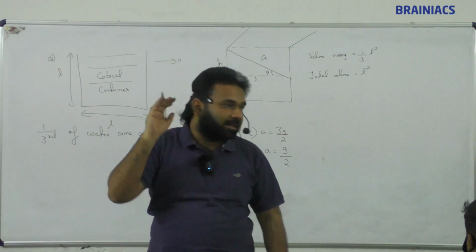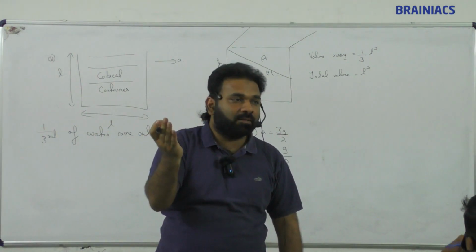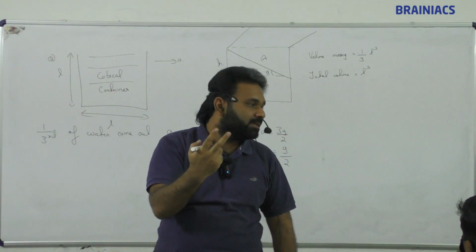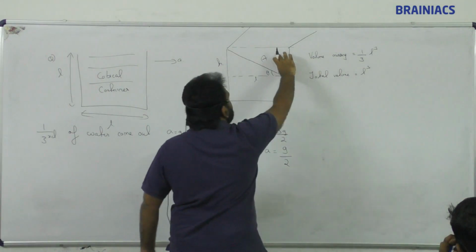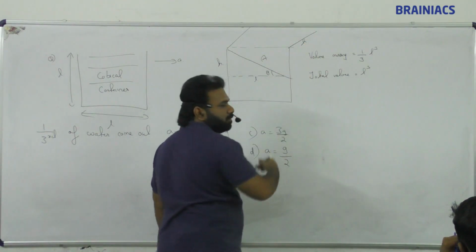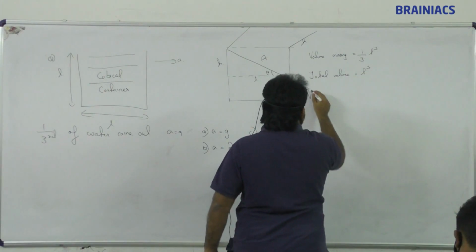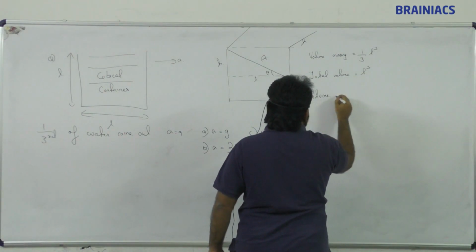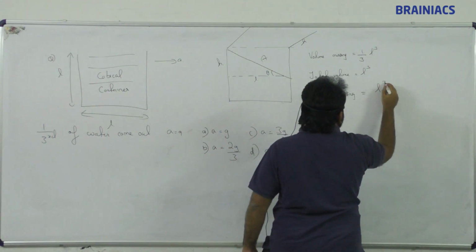L cube by 3. So water which is missing we can say in two ways. One is L cube by 3. At the same time, based on this A and this H, we can say volume missing is L cube by 3.